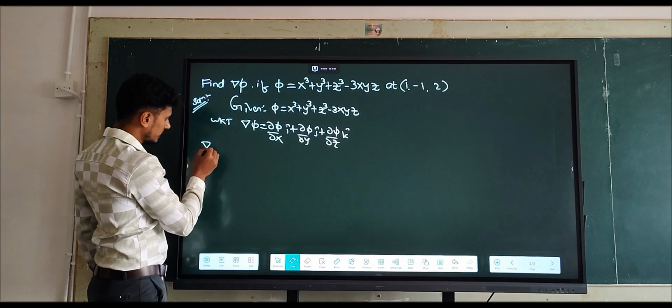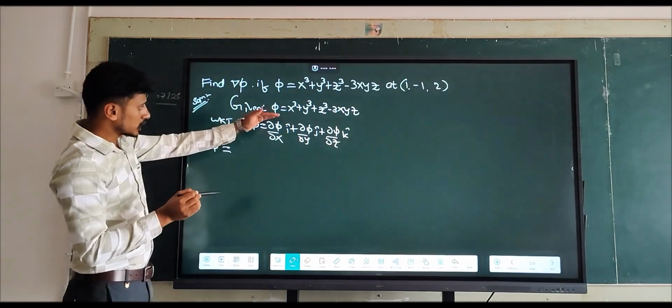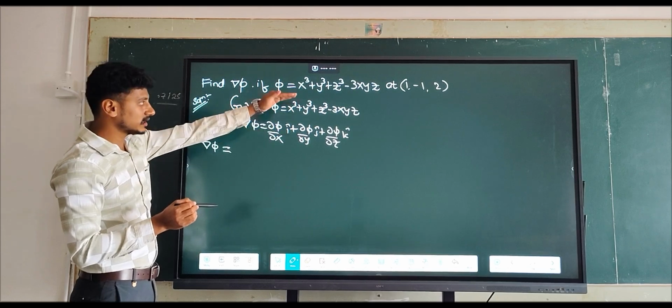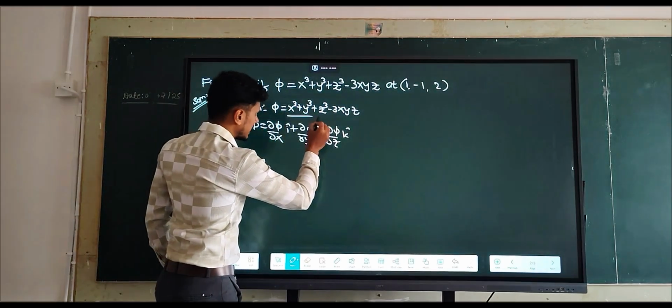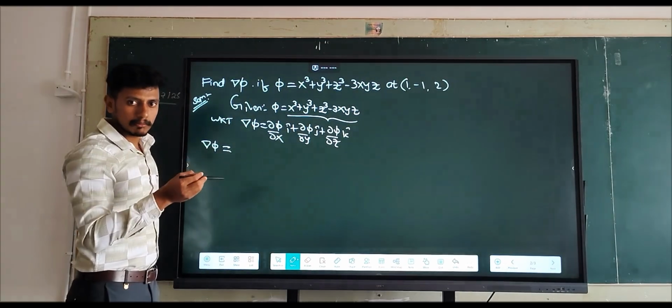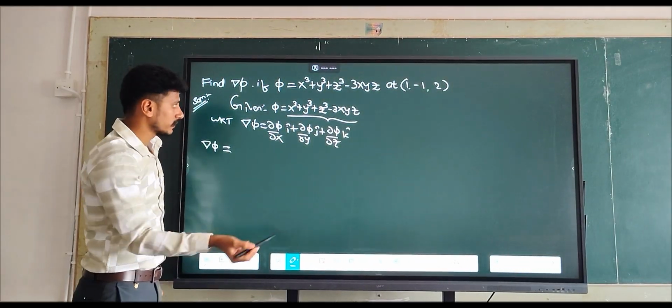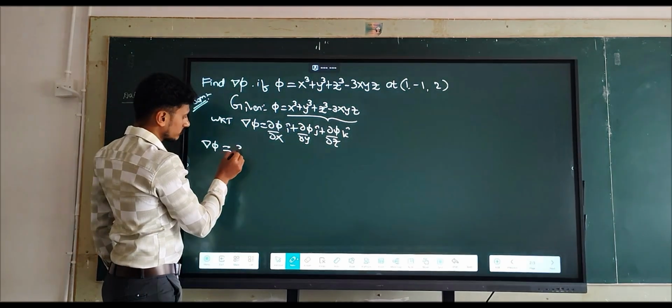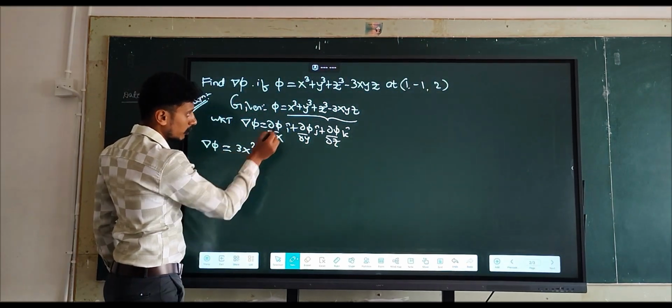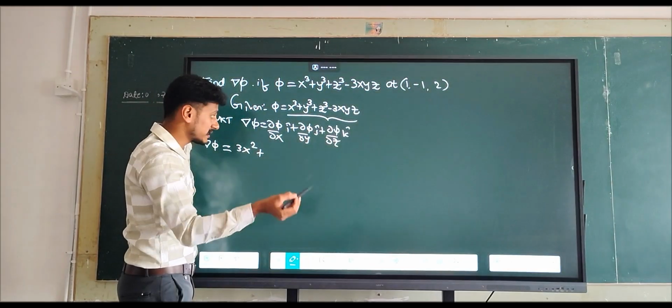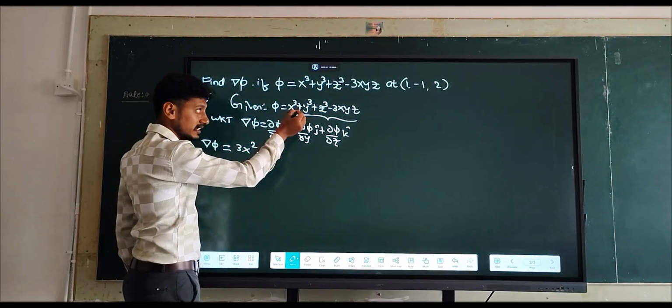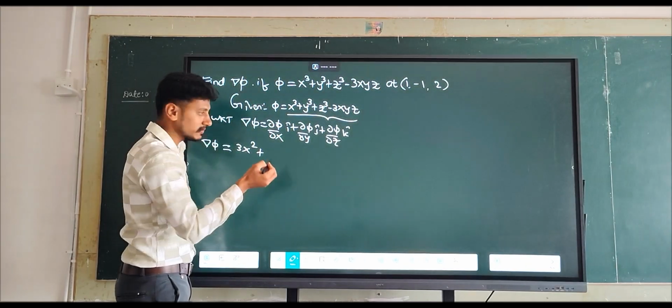See, del phi is equal to dou by dou x of phi. Phi is the given function. Differentiate this entire function with respect to x by treating other variables as constant. Differentiation of x cube is 3x square, plus we have y cube, but our differentiation is with respect to x and we don't have x here. This is a constant, and differentiation of a constant is 0.